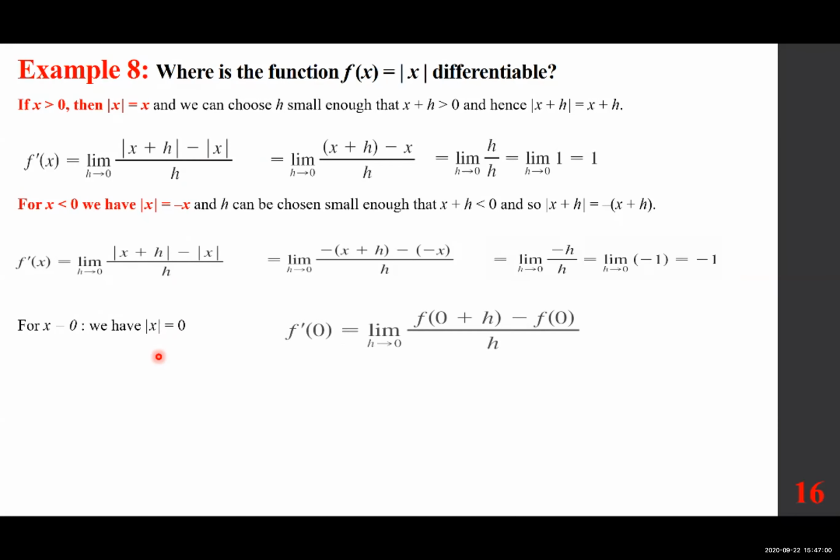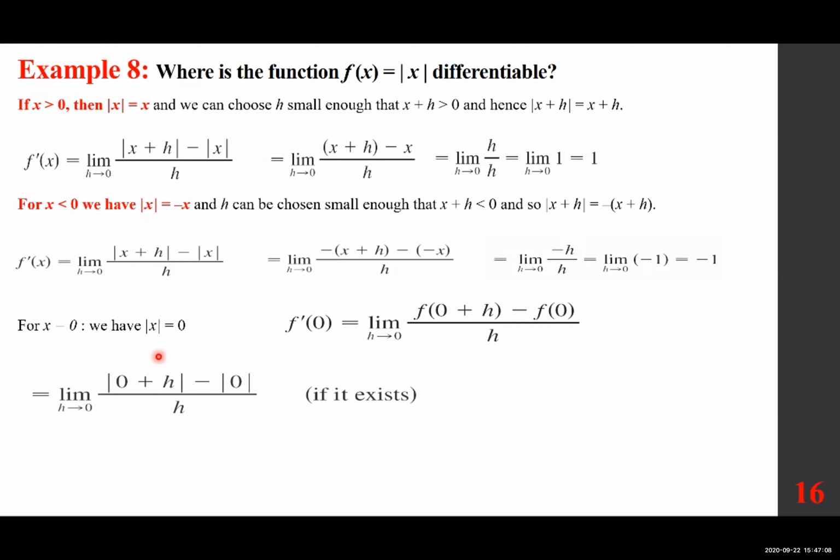So we are going to replace it with a 0, and you get 0 plus h minus absolute value of 0. This goes to 0, and this is absolute value of h. So the answer is this. I want to make sure everybody understands f prime of 0 is this: the limit of absolute value of h over h as h approaches 0.